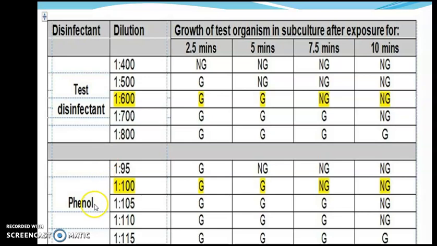Similarly, we can take the dilution of the phenol, that is 1:100. Here we can see that no growth is obtained at the 7.5 minutes at 1:100 dilution. So by taking these two scenarios as examples, let's see how we can calculate the phenol coefficient of this particular test disinfectant.